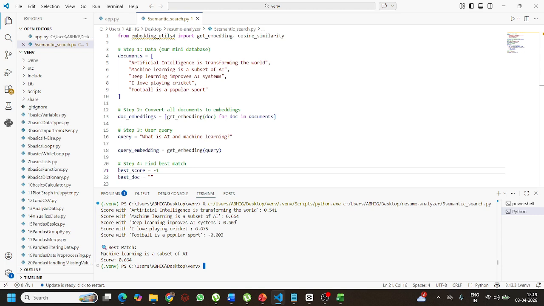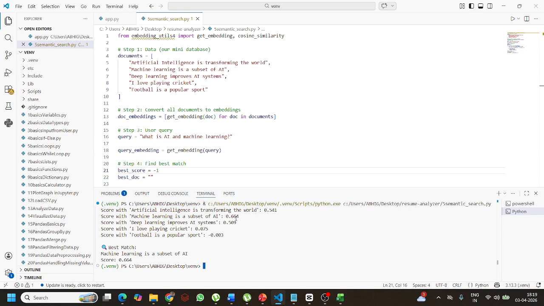The best match will give the best score, and the best score, the matching score of the AI, we are getting approximately 1, or 0.999. So this is the best match. Again, I am telling you, if the semantic search value is minus 1, then it is completely opposite.